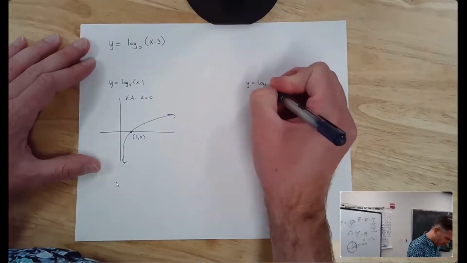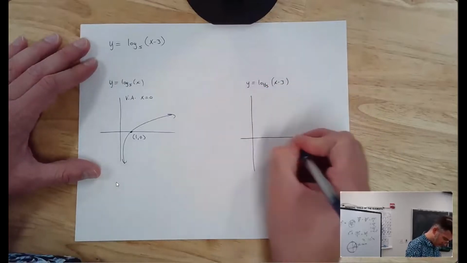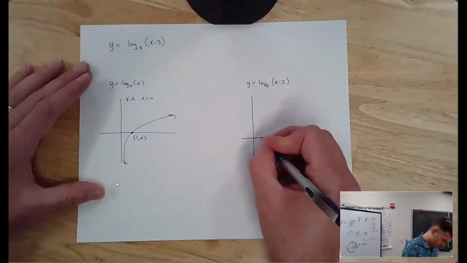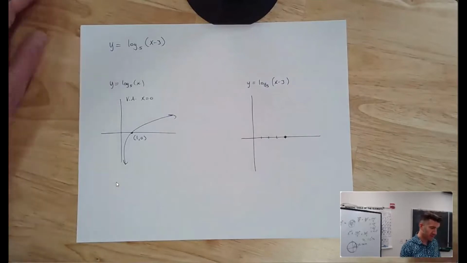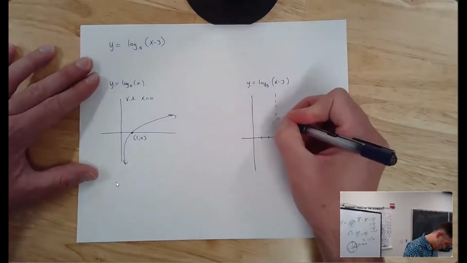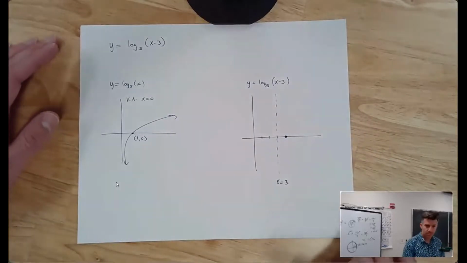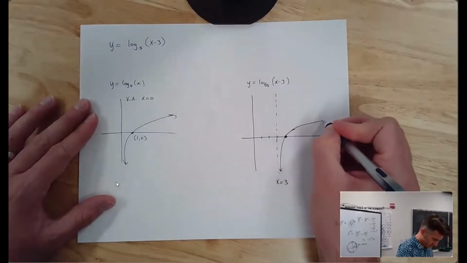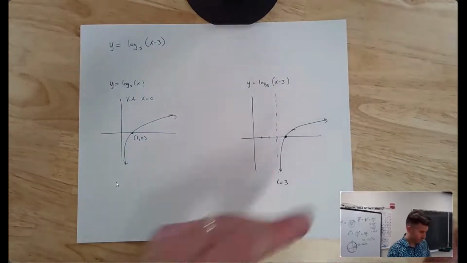So if I do log base 5 of x minus 3, my new x-intercept, instead of being 1, is going to be 4. And my new vertical asymptote, instead of being x equals 0, is going to be x equal to 3. It's going to look like this, the same graph, essentially, pushed 3 over to the right.